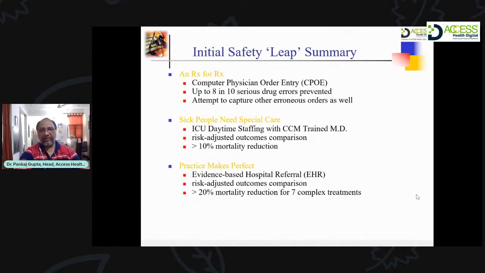In this lecture, we're going to focus only on the first one, which is computerized physician order entry, and related to it, BCMA, or the barcode medication administration. Why CPOE? It is obvious. On the left hand side, that's how much paper there is in our hospitals even today. And the right side is again obvious.